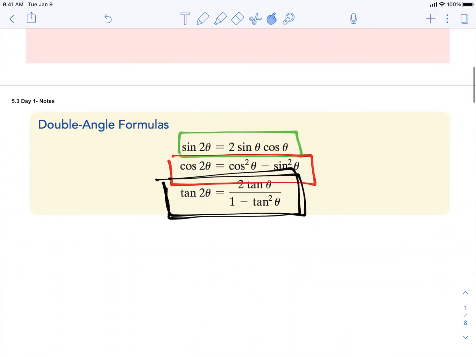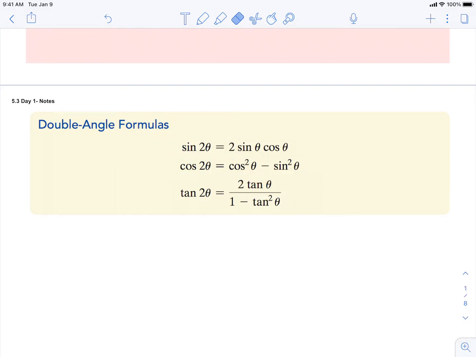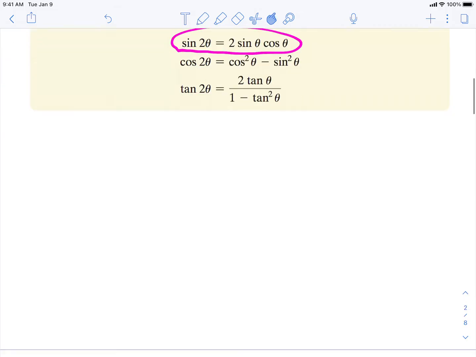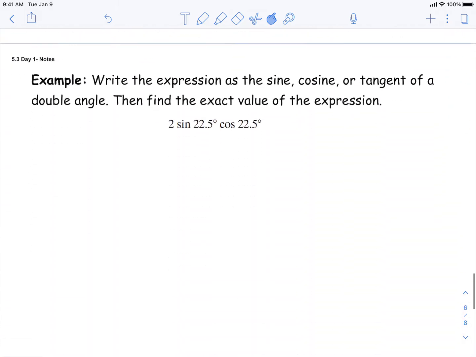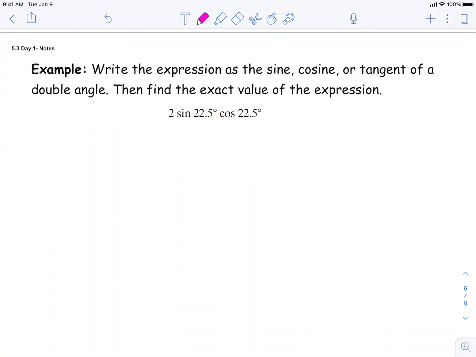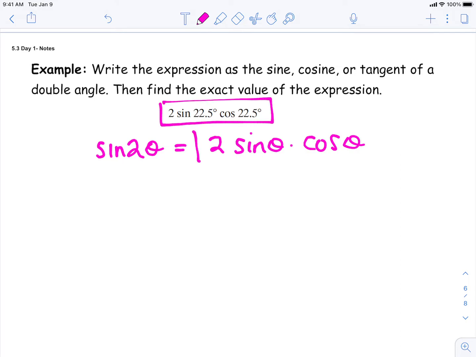So if we go up, just going to erase these, we're going to be using this formula right here, the double angle for the sine. So I'm going to write that down. So the sine of 2 theta equals 2 sine of theta times the cosine of theta. What we've been given in this expression is the right-hand side of the formula, and we want to work backwards to the left.